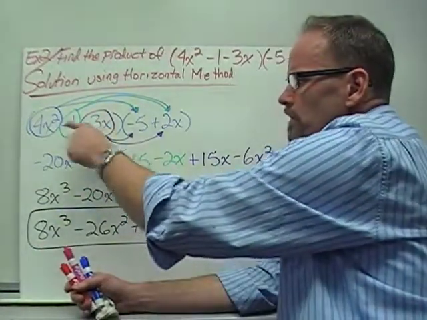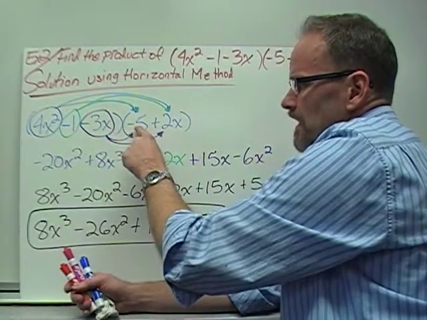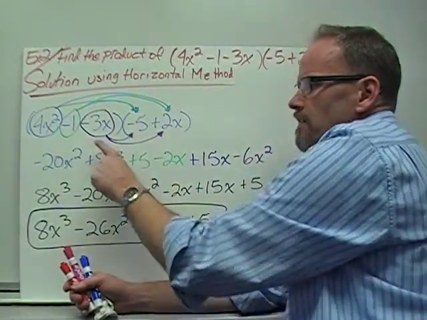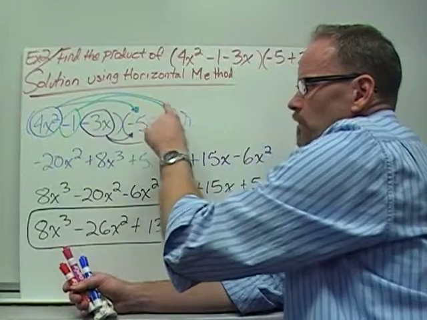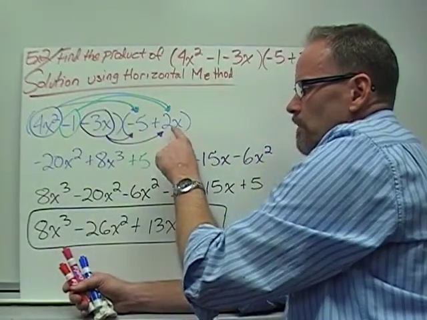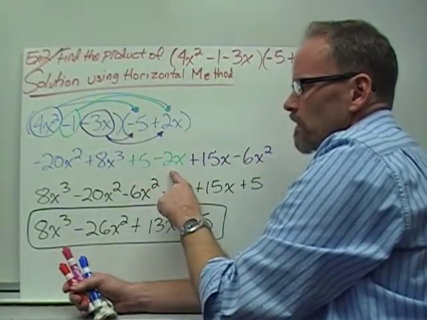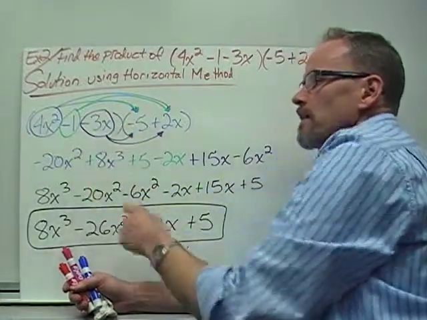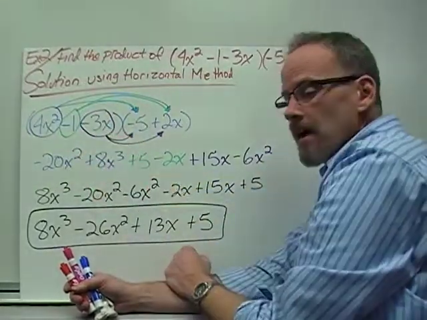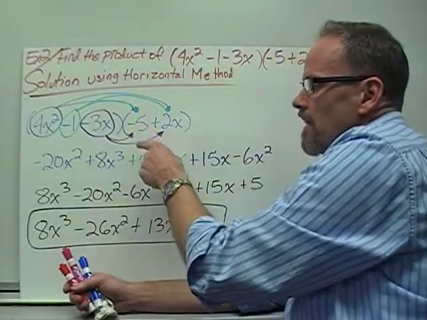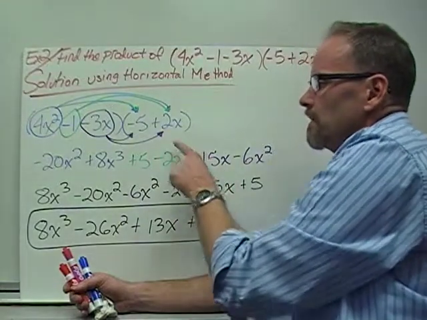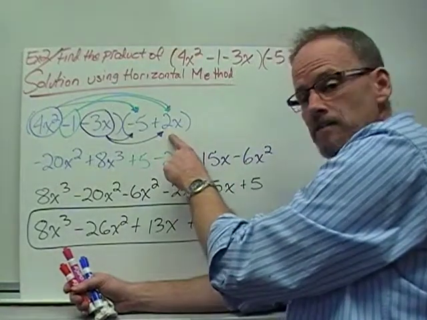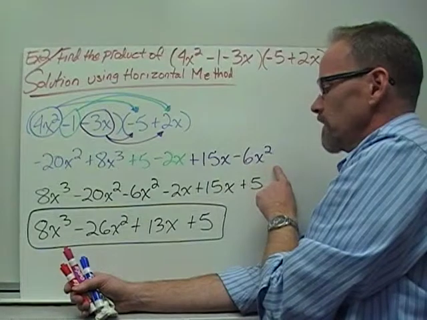The green circle, negative 1, times a negative 5, well, that's positive 5. A negative 1 all the way over here times a positive 2x is negative 2x. And then the purple circle right here, negative 3x times a negative 5 gives you a positive 15x. And when I multiply it against the last term, I get negative 6x squared.